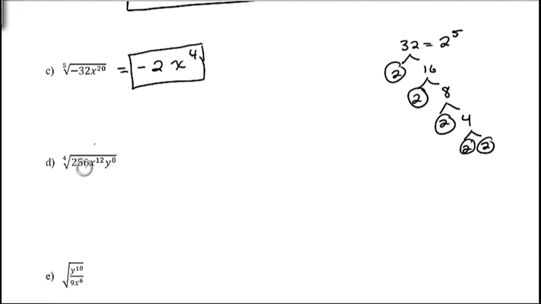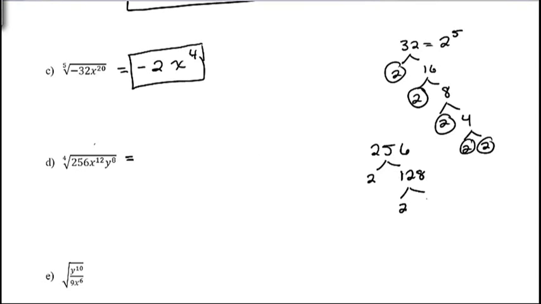Our next one here, 256, x to the 12th, y to the 8th. So we need to figure out what I can multiply by itself 4 times to get 256. So again, if you're not sure, go ahead and factor 256 out. And so 2 goes into 256 128 times.